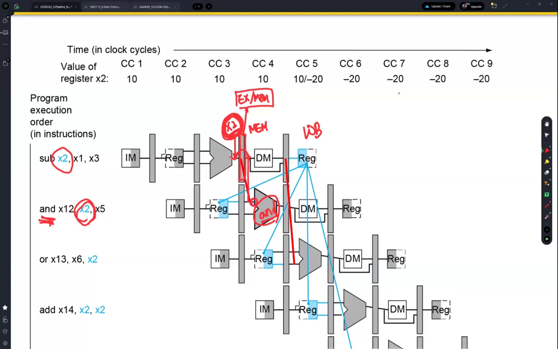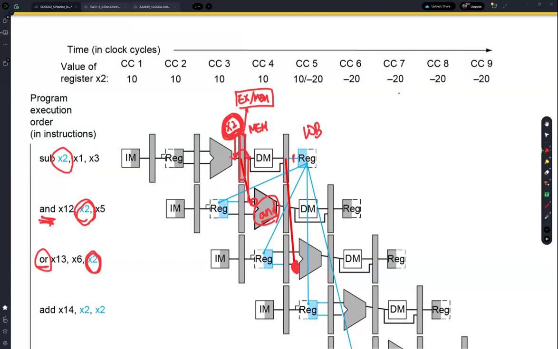Then how about the OR? It also requires X2 data. In this case, the OR requires X2 data at this point, right? And where is this X2 data?